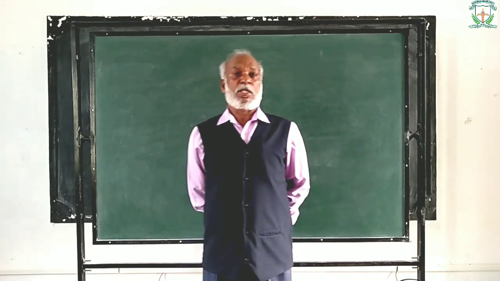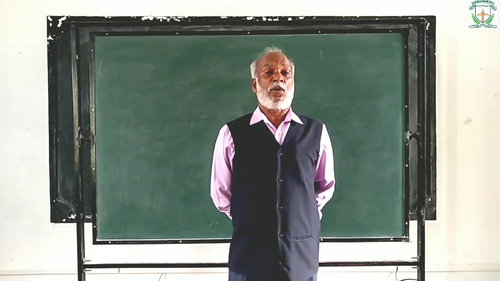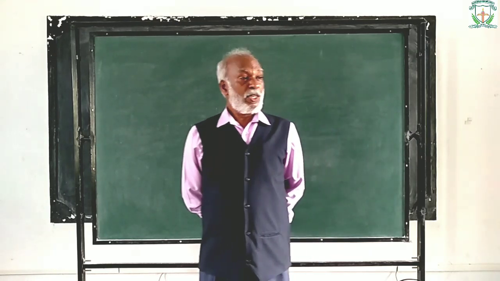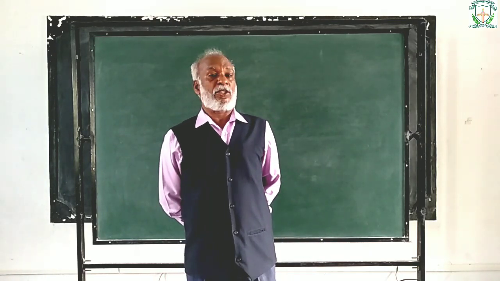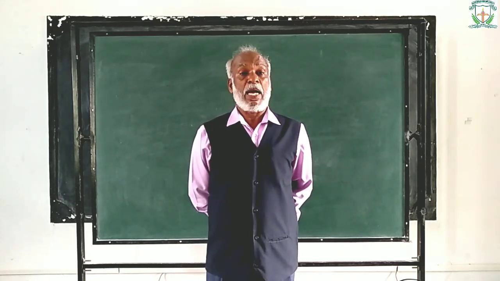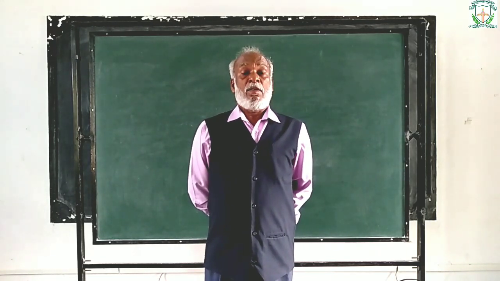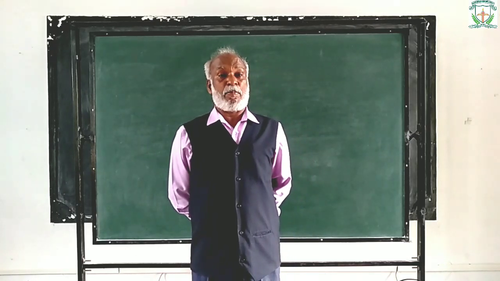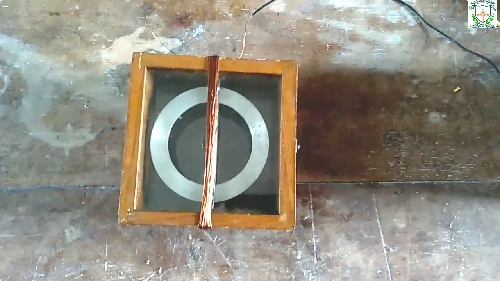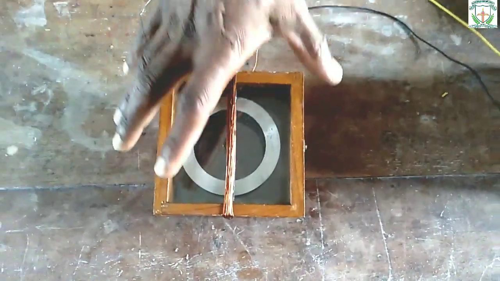So in this class, we are going to learn one of the important applications of magnetic effect of electric current. We'll start the lesson with a simple experiment. Children, now please observe here.